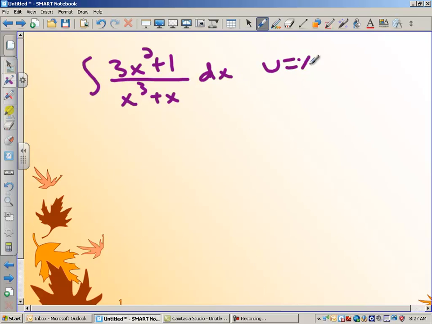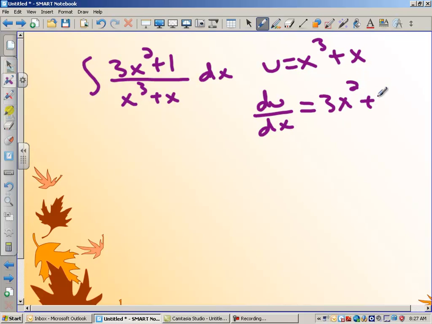If we let u equal the bottom, x cubed plus x, then du/dx is 3x squared plus 1. Oh yeah, that is nice because that's exactly what we have up there. So we just solve this for du and we get that du is (3x squared plus 1) dx.